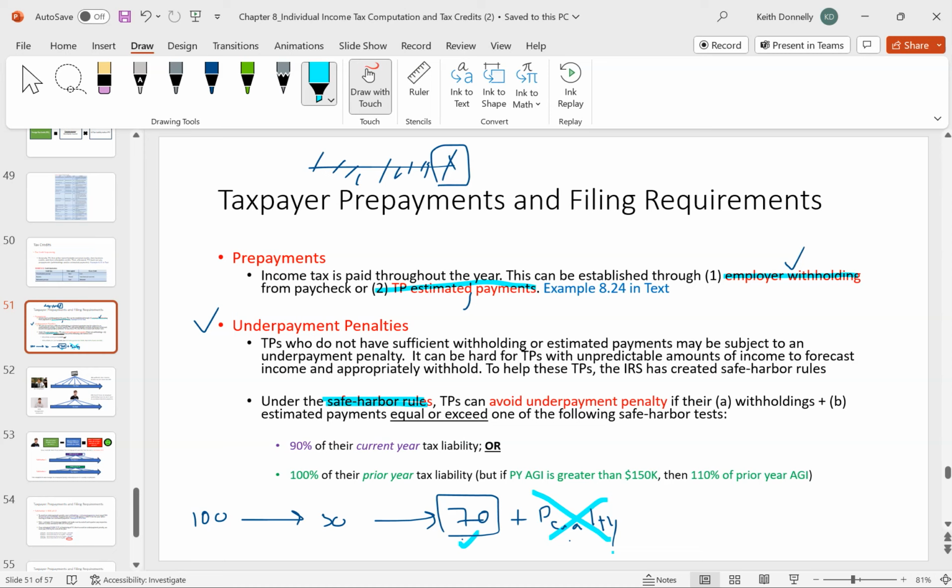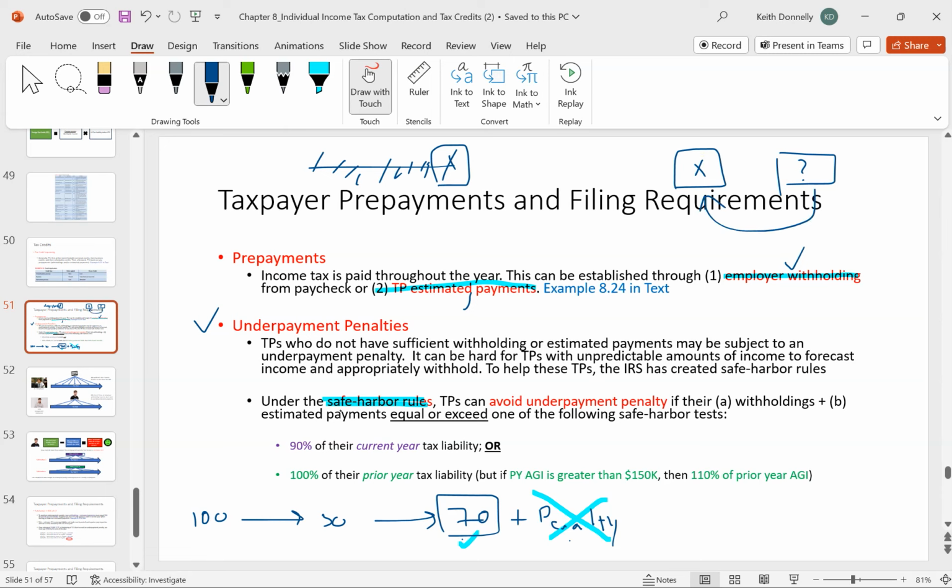Alternatively, say that you're like, I don't know what 90% of my current year tax liability is. This is my first year of operations. Or my income ebbs and flows. Or I just don't know. So one of the things you can do, if the current year is sort of a mystery, like I don't know what I'm going to make this year, what my income tax liability is going to be, you can phone a friend in the prior year.